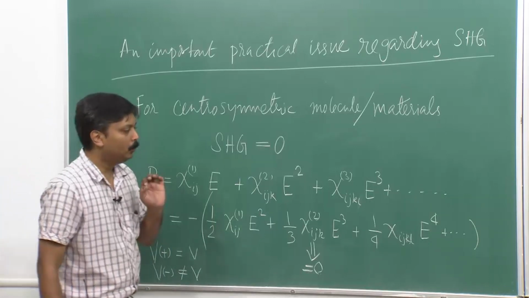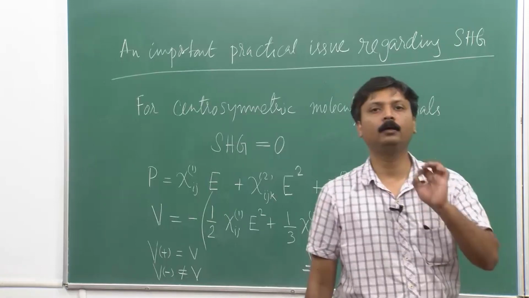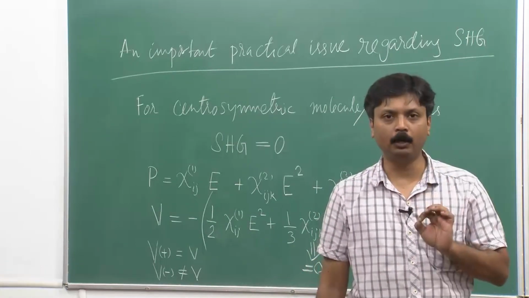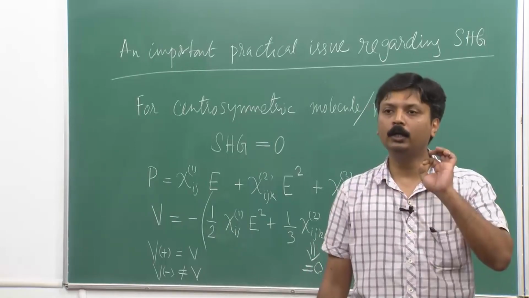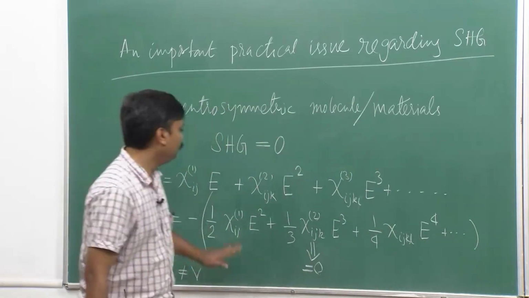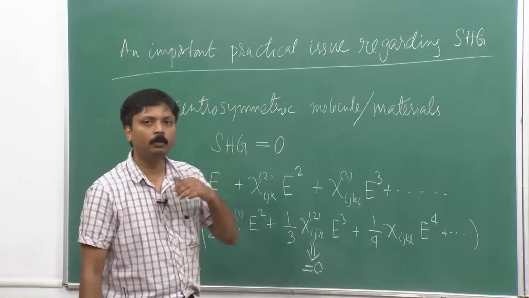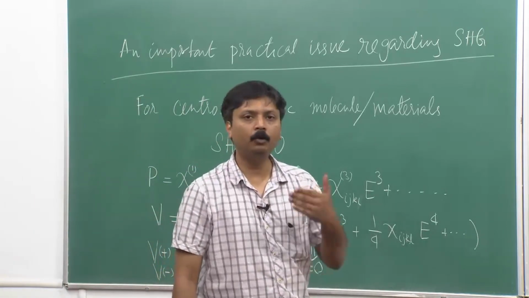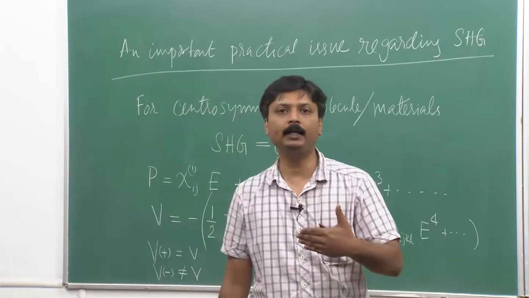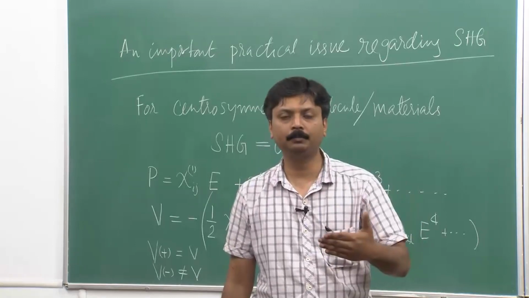Okay. So, this is the reason we take chi 2 equals 0 for a centrosymmetric molecule, and this is true for all even order nonlinear processes. If you consider a non-centrosymmetric molecule on the other hand, what will be the case? There of course, there is no burden on the potential energy to be identical for different electric fields.